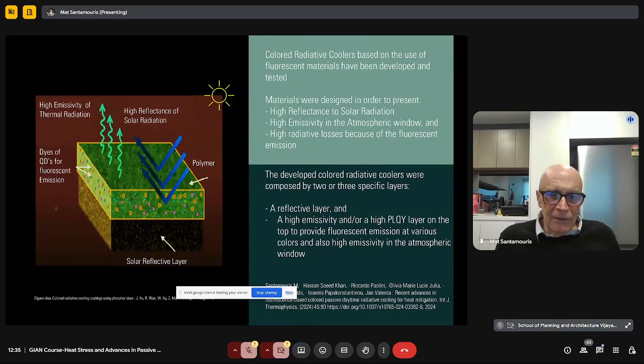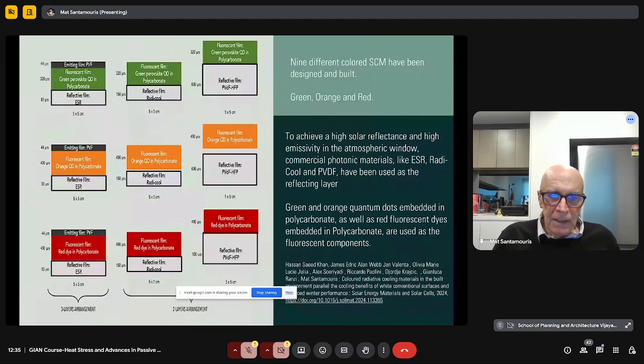So we developed colored photonic materials, which are composed of 3 layers in reality: a solar reflective layer, a fluorescent layer and an emitting layer. We have a reflecting layer in the lower part. We have the fluorescent one, which emits fluorescent radiation, but also gives the color. And we have another layer, which increases the emissivity in the atmospheric window.